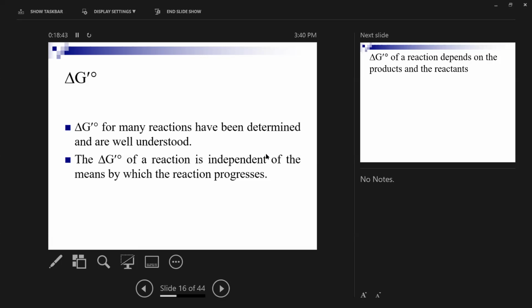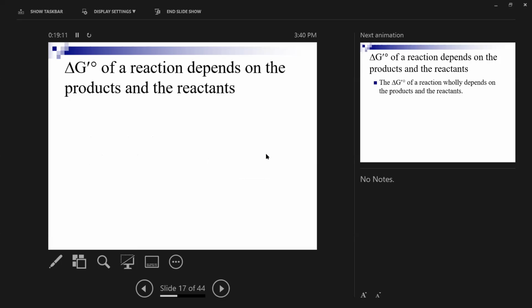These numbers are well understood. They're not guesses. They've been experimentally derived and known to a great deal of precision. And this is something that's inherent to the reaction. It doesn't depend on the means by which the reaction progresses. It is a function of the reaction itself.